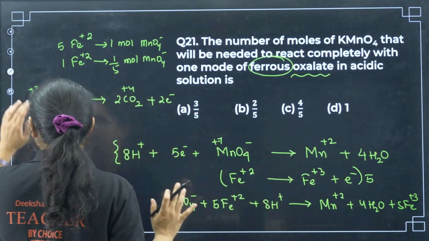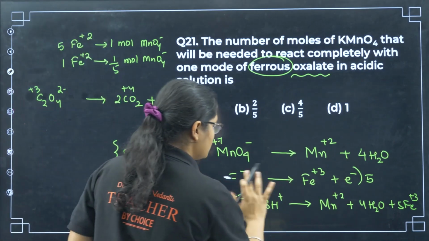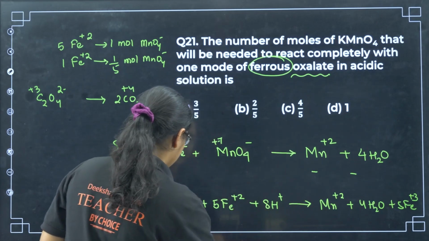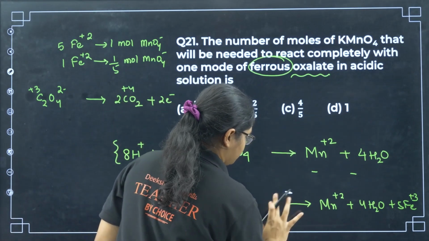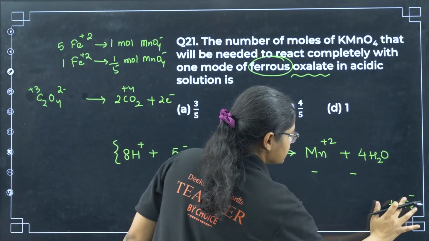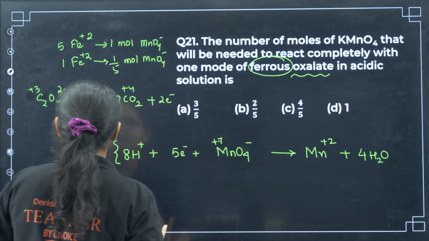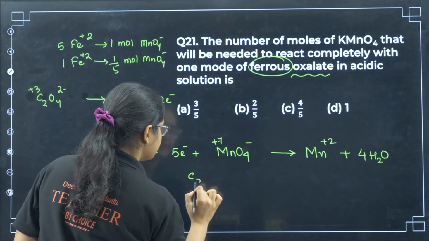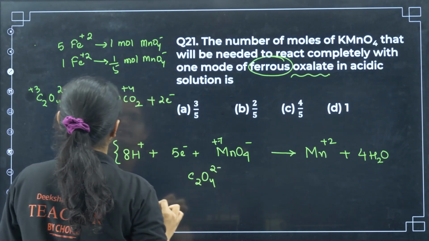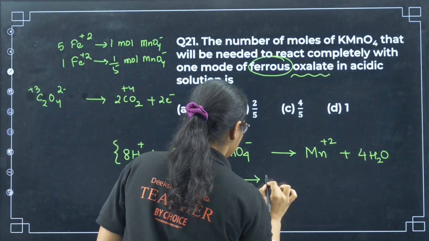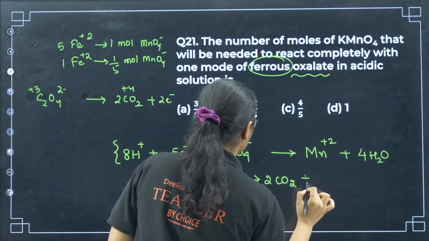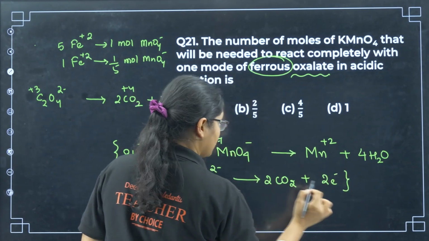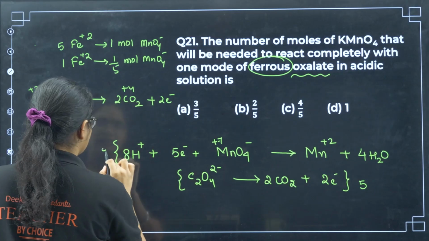Now to balance this equation I will multiply this equation. So now I am not worried about Fe2+, because that is not there in the option, but I have taught you if Fe is there then also my children can do the question, right? Yes. So now if I just write in terms of oxalate, C2O4 2- gives me 2 CO2 plus 2 electrons, and this you have to multiply with 5, and this you have to multiply with 2.